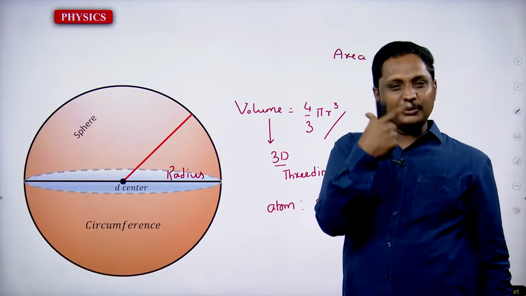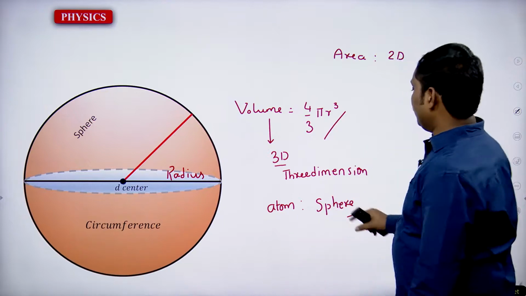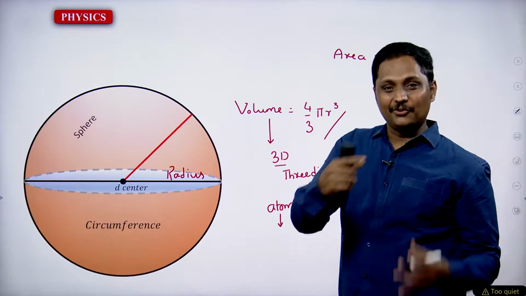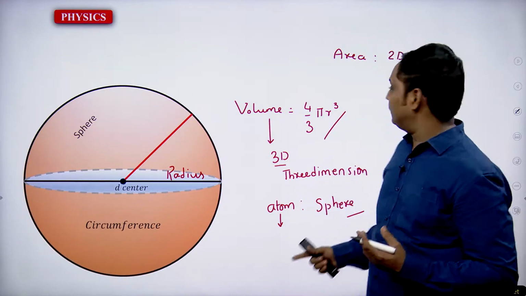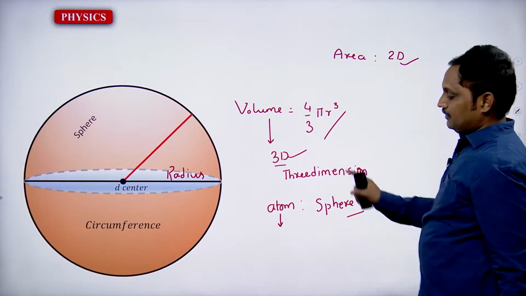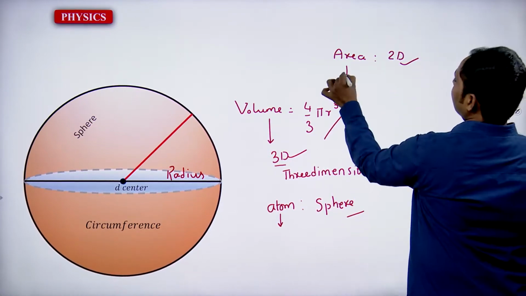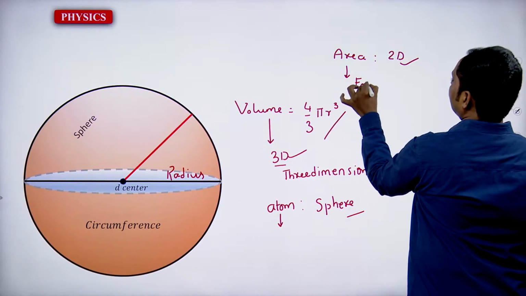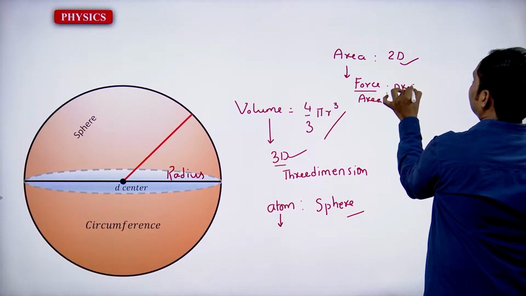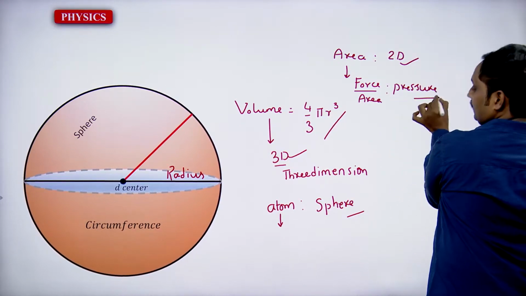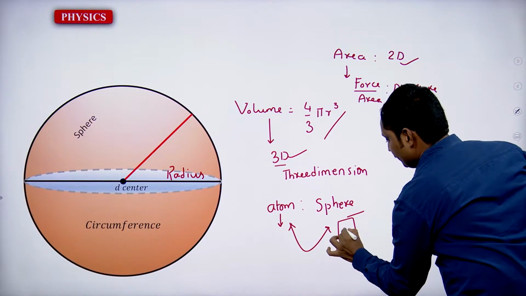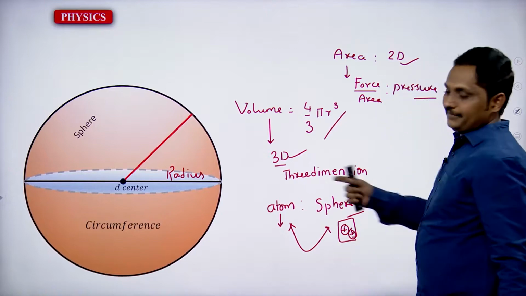The volume of the atom can be calculated with the help of the sphere. It is in the form of spherical shape, just we can imagine. So, this is 3D and 2D, very clear. While you are going to take that area, force by area gives the pressure. In that case, if we take space occupied by the atoms, you will easily identify that.